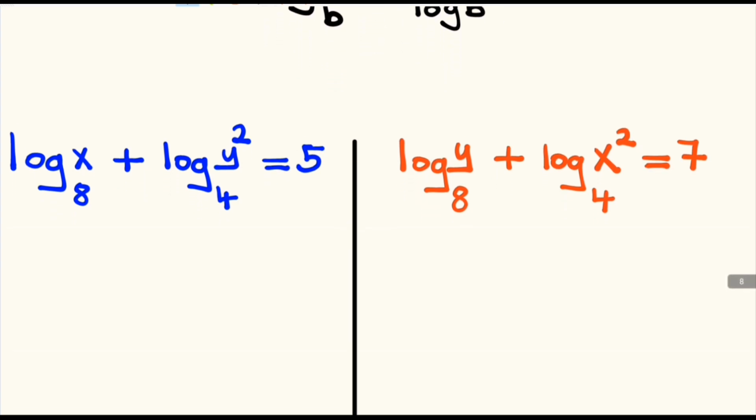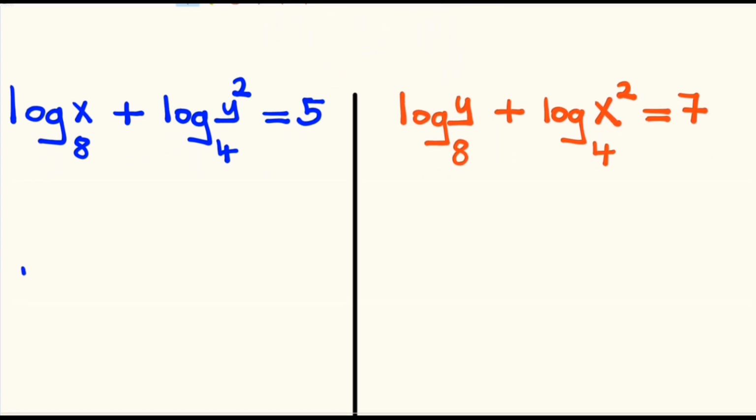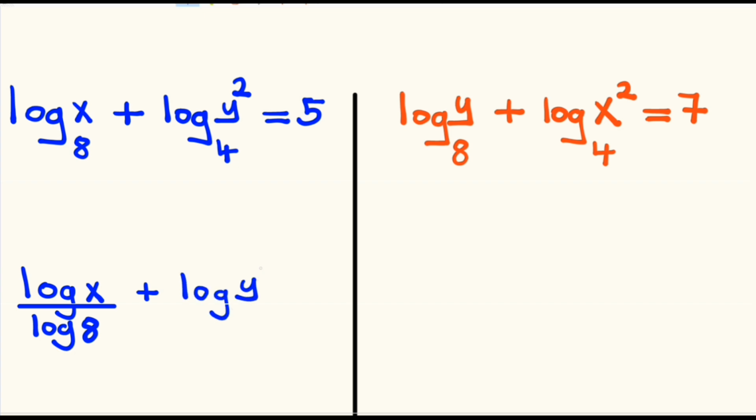So we use this law to dismantle the following equations and we'll have the log of x divided by log 8, plus log y squared divided by the log of 4, and this will be equal to positive 5.